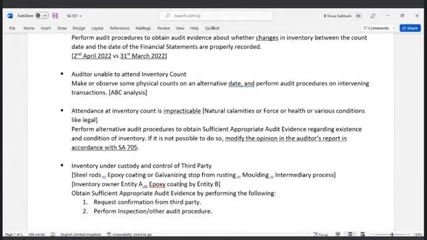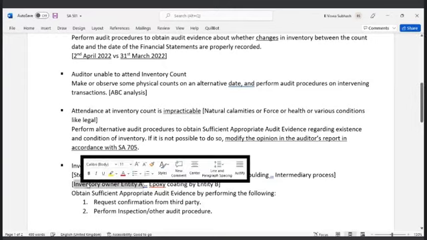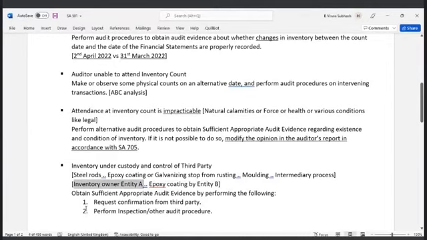So the epoxy coating will be done by some other party. Now, what is happening here? The entity A is actually the owner of the inventory, but this inventory is being sent to the premises of entity B, where they will do the epoxy coating and give it back to the entity A.